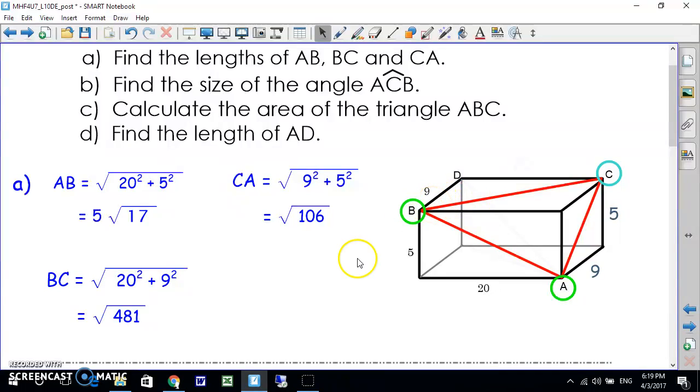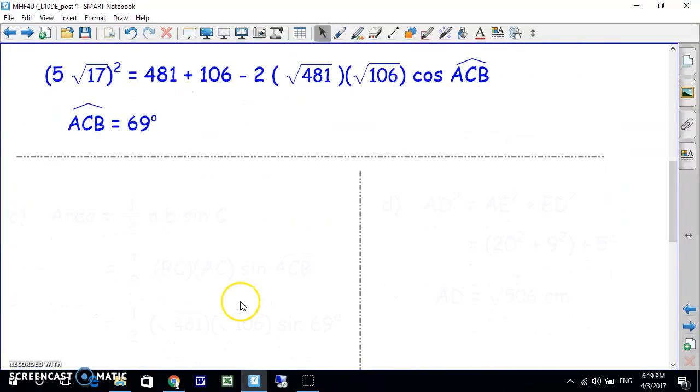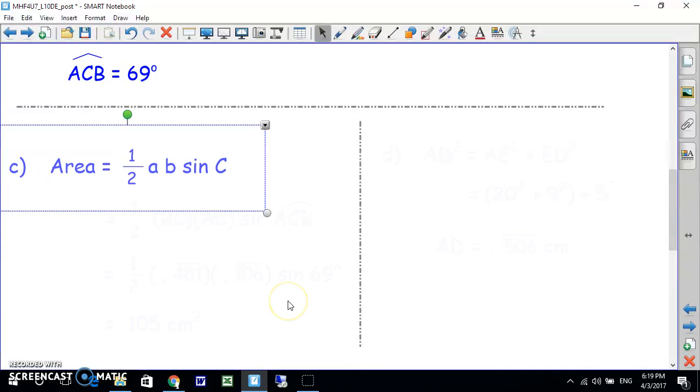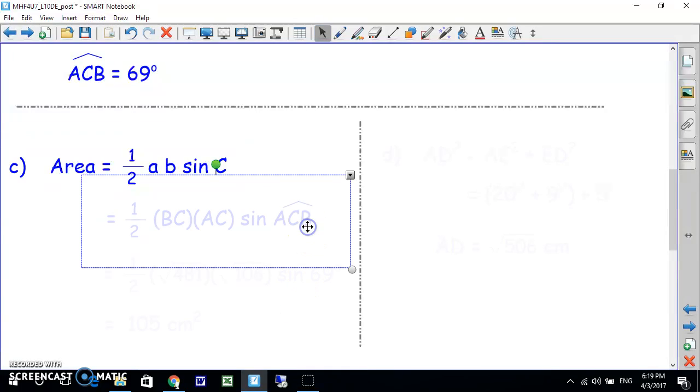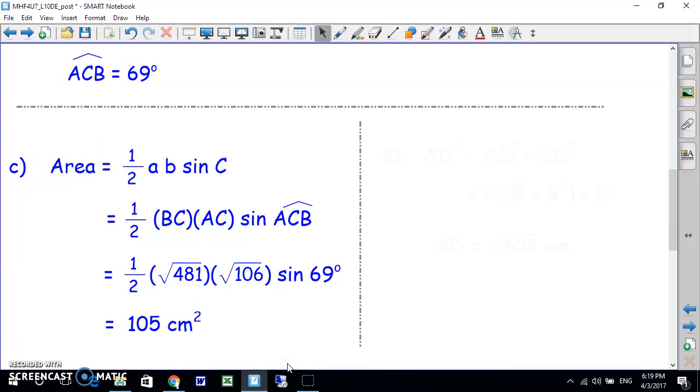Then we can apply the formula you just learned today. So the area would be half AB sine C. Substitute these lengths that apply to the dimensions of this triangle, sub in the numbers, and you will end up with 105 square centimeters.